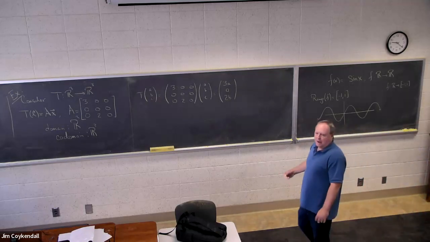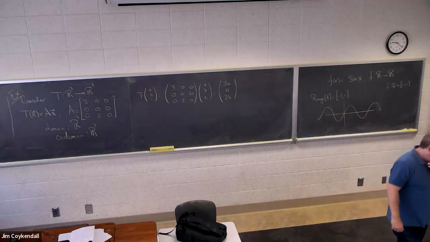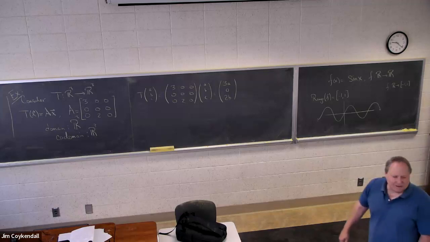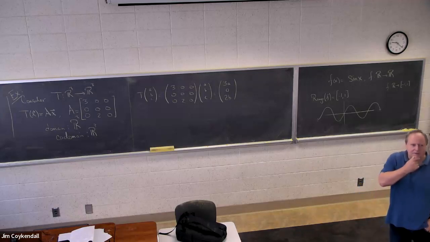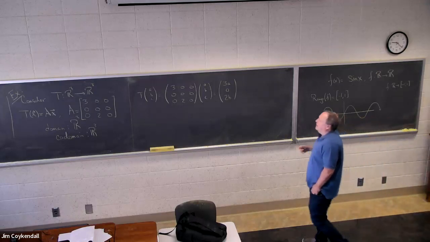Let me ask you this first question. Is the range and the codomain the same for this particular function? Can somebody tell me how you can tell? You're never gonna get anything that's outside of a certain plane. That's right.